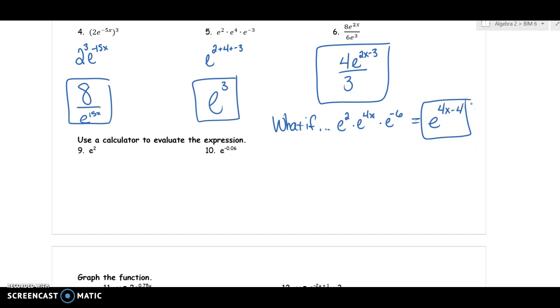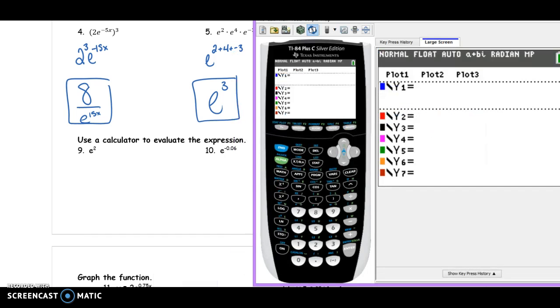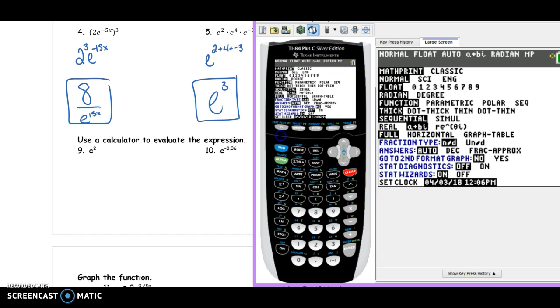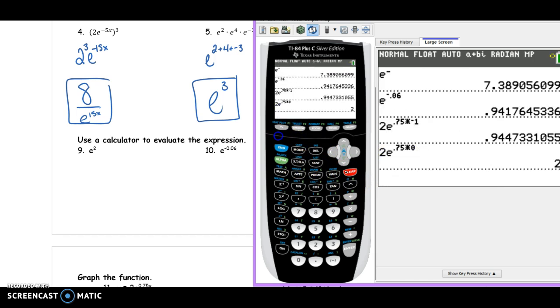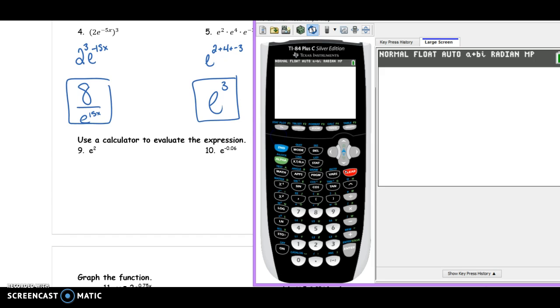All right, just like pi, e has a button on the calculator. So grab your calculator, whichever calculator you are most comfortable with. e is the natural base. It is very related to the natural log, which on your calculator is ln.